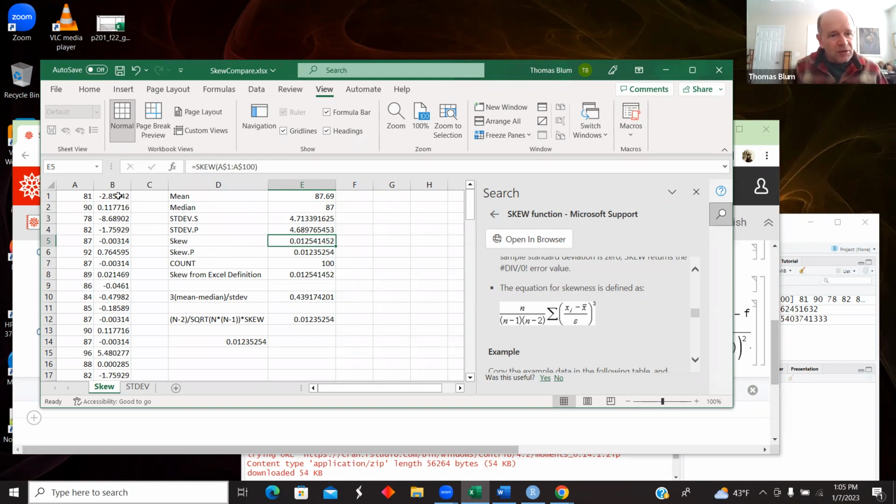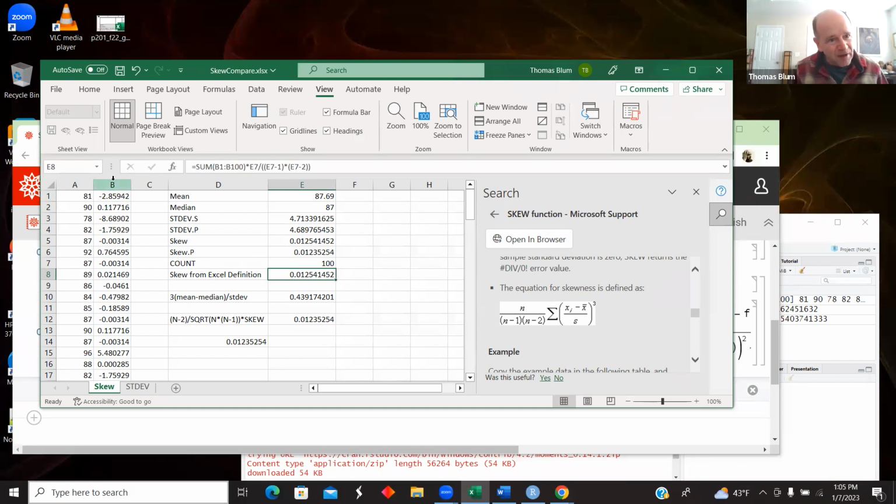Okay. So here is that quantity cubed, the difference between the data point and the average, which was in E1, divided by E3, which was the sample standard deviation, and cubed. And here is me duplicating the Excel definition.